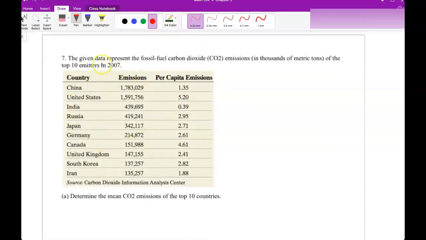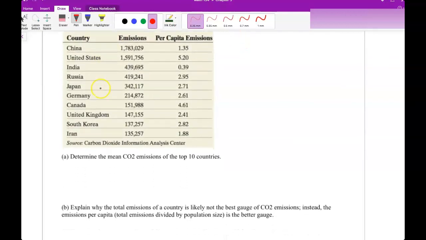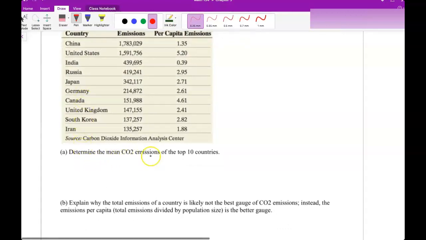Here we have this table that gives data representing carbon dioxide emissions in thousands of metric tons for the top 10 countries in 2007. So this data is for 2007. In total, we have 10 countries. So determine the mean of the top 10 countries.